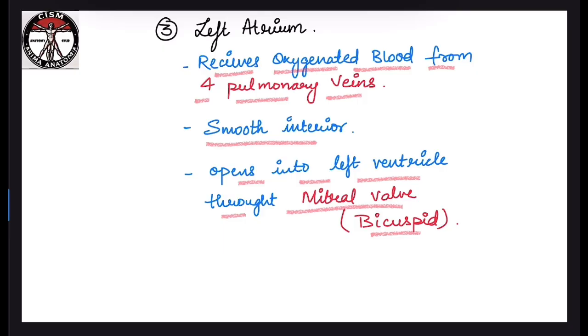The interior of the left atrium is smooth, and it opens into the left ventricle through the valve known as the mitral valve, or we can also say the bicuspid valve. Why is it so? Because there are two cusps in the bicuspid and three cusps in the tricuspid.